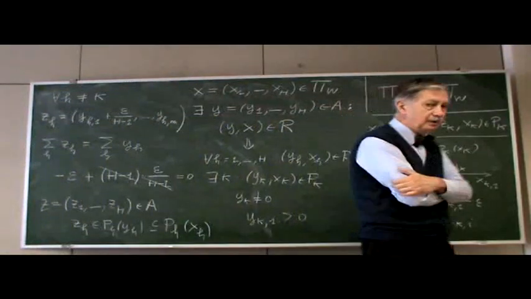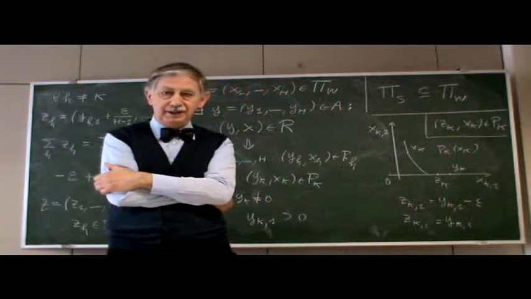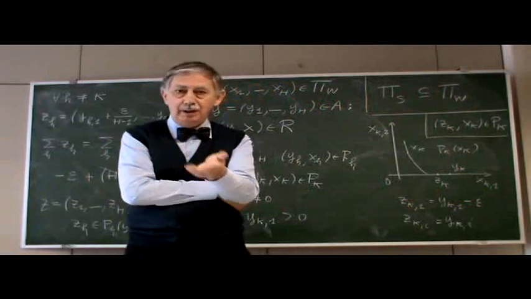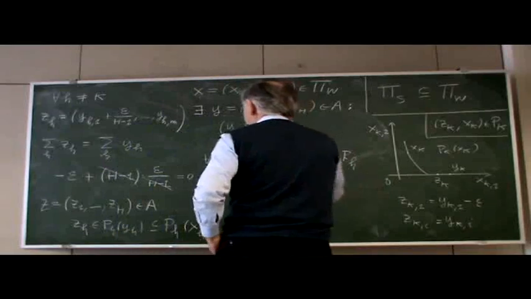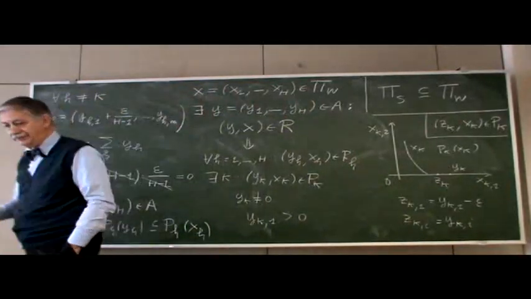What is the use of this quantity epsilon? It is redistributed, for example, in equal parts among all the other subjects. Consider another subject, h, different from k.